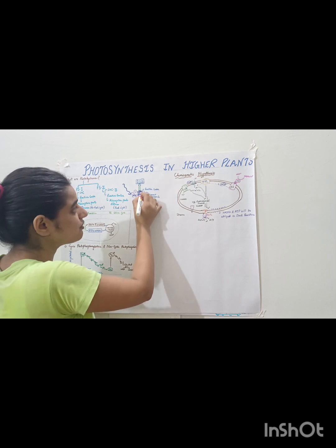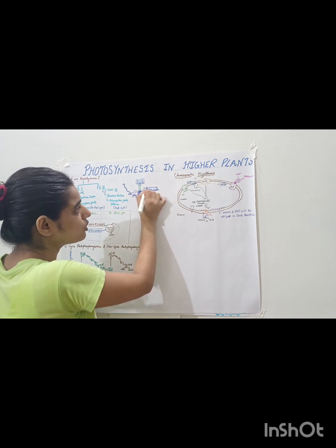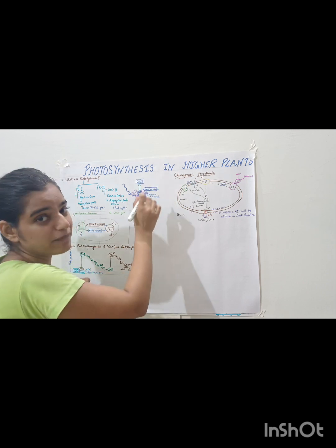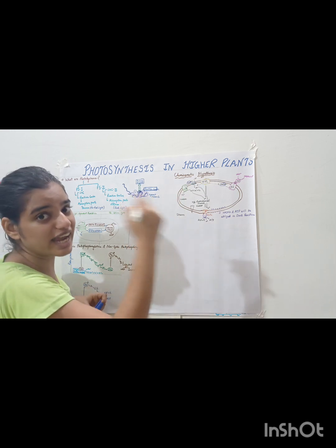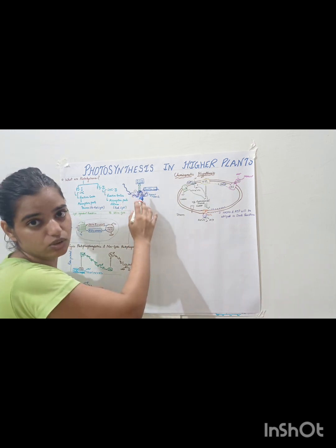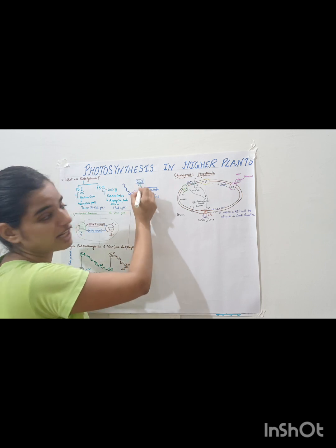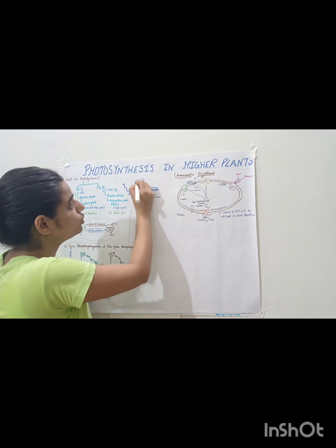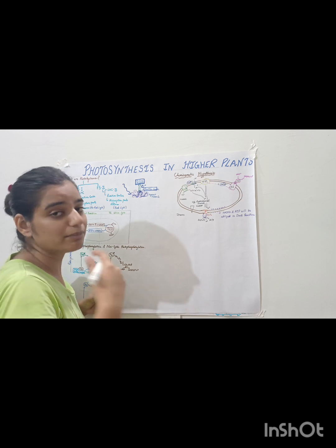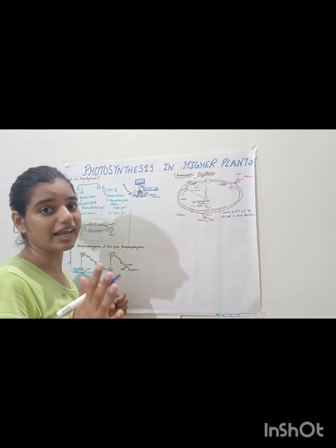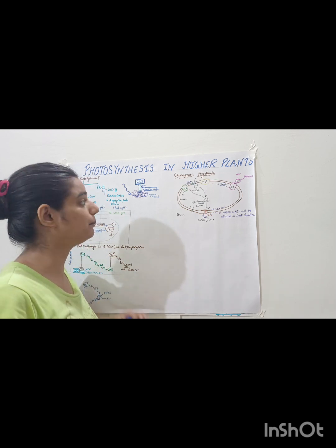The difference between that chlorophyll A and the other pigments is that the reaction center chlorophyll A will transfer its electron to the primary electron acceptor. From there, the whole process of electron transfer will take place.